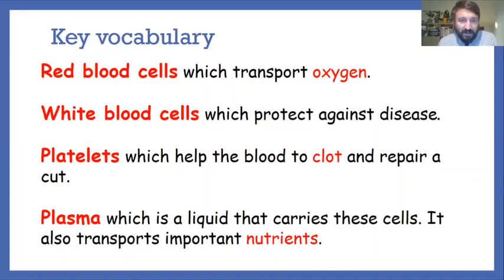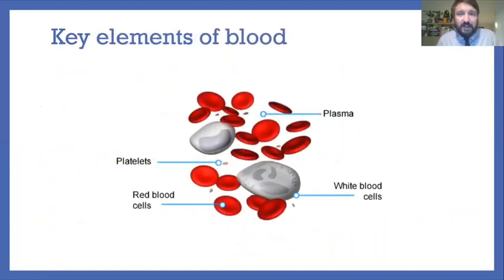And then plasma, which is a liquid that carries these cells and transports important nutrients. And today I've got a little bit of diluted orange juice there. So that's the key vocabulary: red blood cells, white blood cells, platelets, plasma, nutrients, oxygen there as well. So the key elements of blood: the blood's made up of 4 key elements.